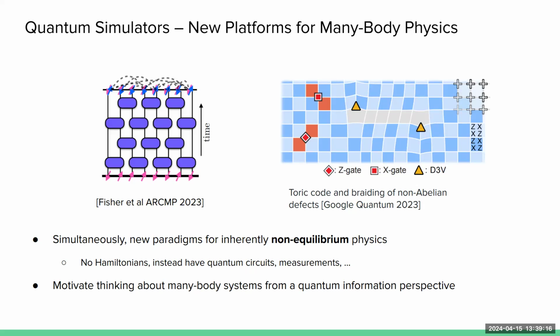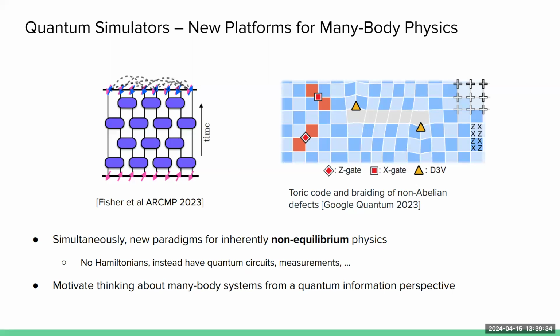So in particular, in recent years, people have been looking at, say, entanglement dynamics and scrambling of information in the context of these systems. The second aspect is that due to this connection with quantum computation, these simulator platforms motivate thinking about traditional many-body states from a quantum information perspective.